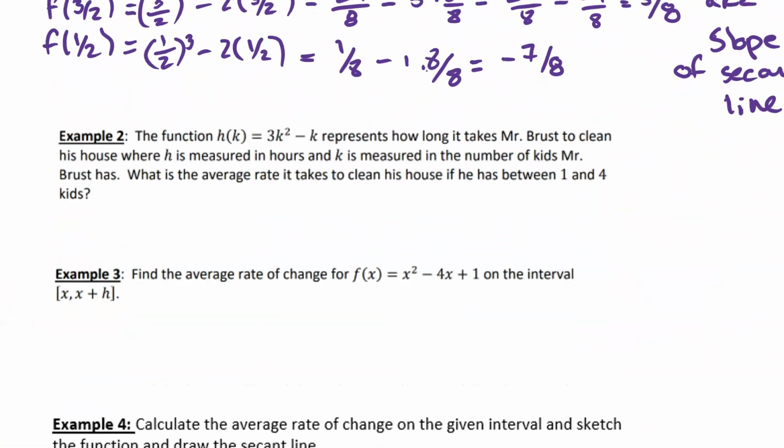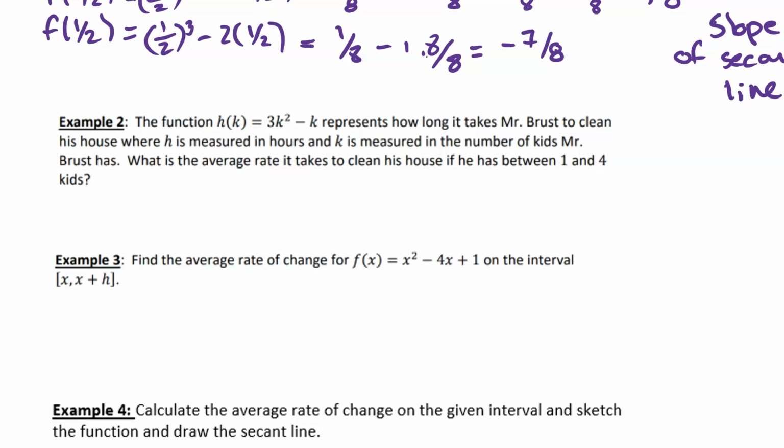So we got a couple more examples to look at. This one's going to be an application problem. So we're looking at the function h of k, which is equal to 3k squared minus k, which represents how long it takes Mr. Brust to clean his house, where h is measured in hours and k is measured in the number of kids Mr. Brust has.